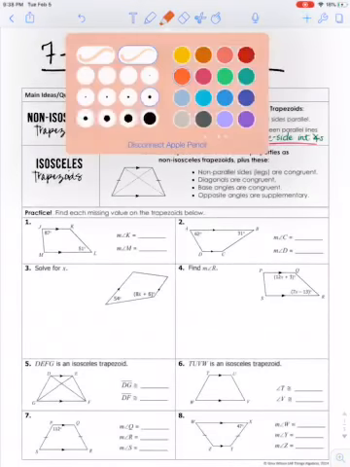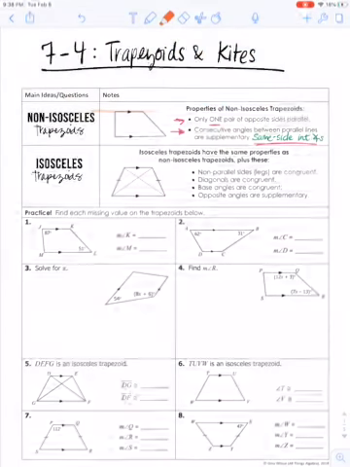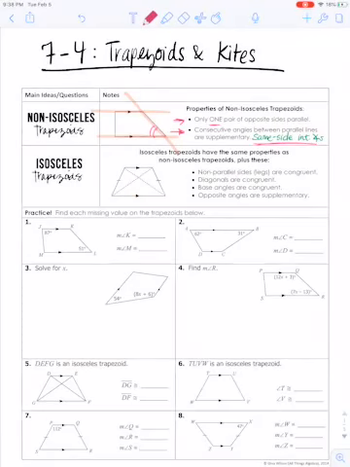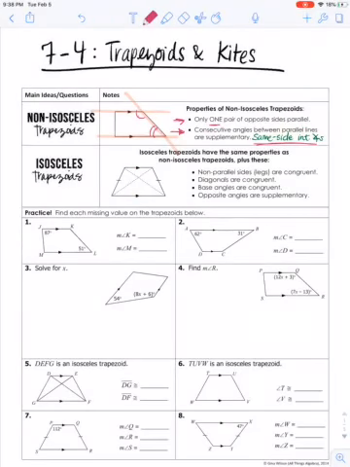If you remember from Unit 3, parallel lines cut by a transversal form same side interior angles because they are on the same side of the transversal and both interior to the parallel lines. So those two are going to add up to 180.